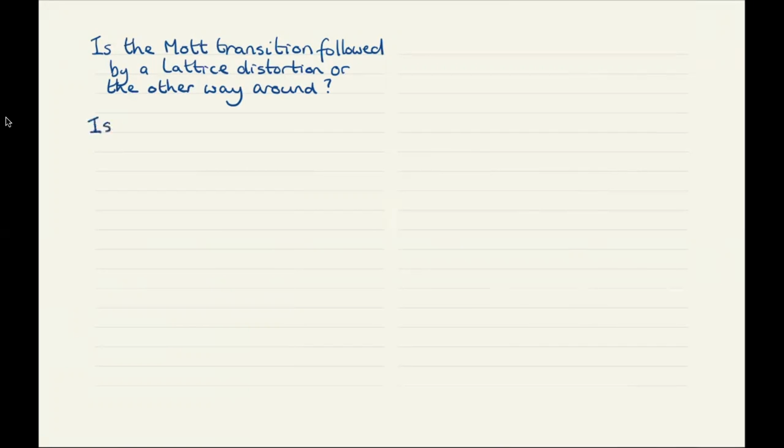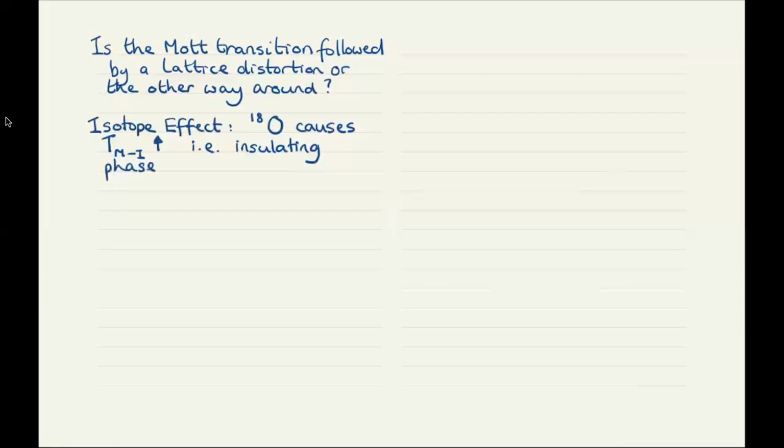One interesting piece of information is that there's a strong isotope effect. If one substitutes oxygen 18, which is heavier than the usual oxygen 16, into the material, this causes the temperature of the metal insulator transition to increase, so the insulating phase with its localized electrons persists to a higher temperature.